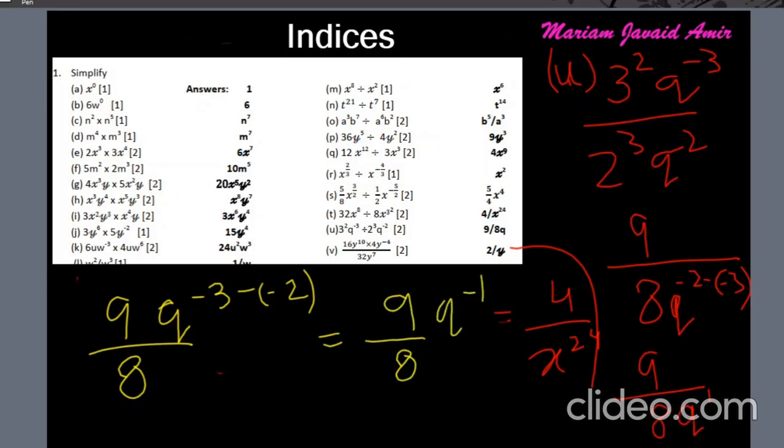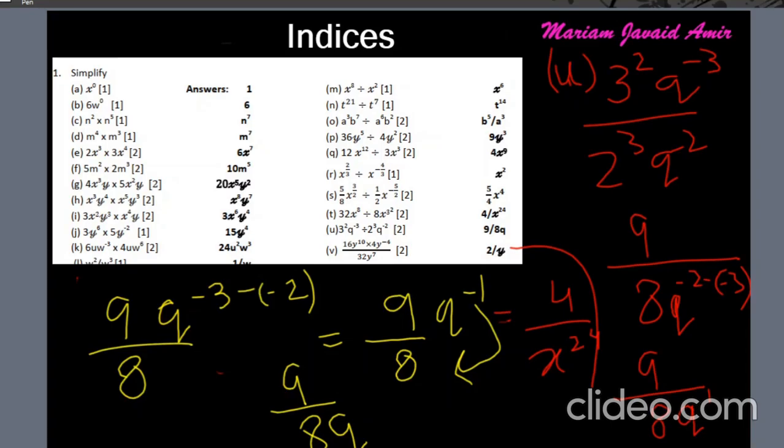And like I told you, conventionally we're supposed to ensure that the powers are positive. So to make q power minus 1 into q power 1, just take it to the denominator. Whenever you move something with a power from the numerator to the denominator, or the other way around, the sign of the power changes.